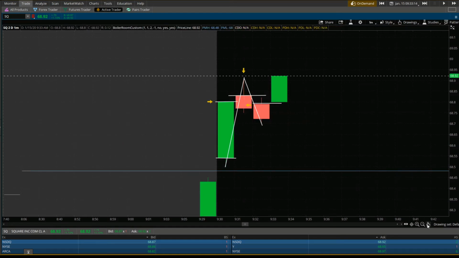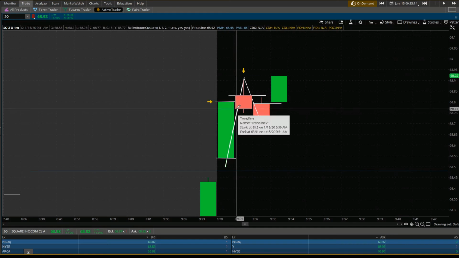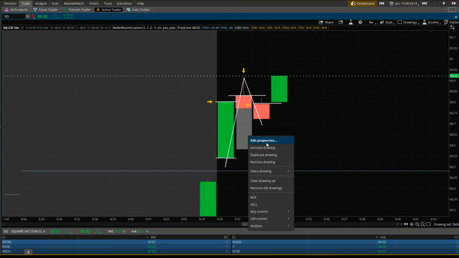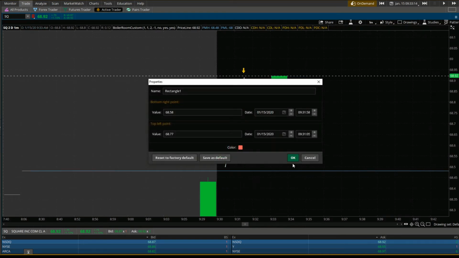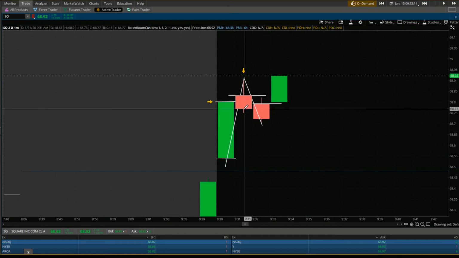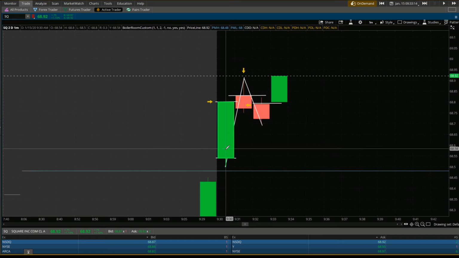If there were a lot of sellers coming into the market, the body would look something like this. And this whole thing would be red, right? So then you could say, oh my God, look at all the sellers. This I wouldn't trade.